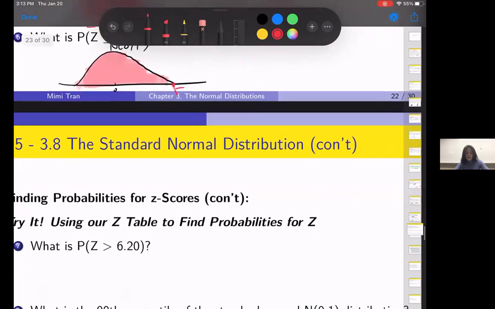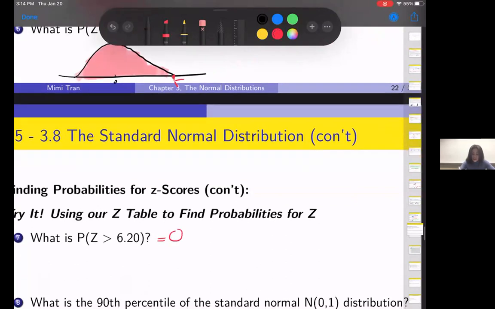What about the probability that Z is greater than 6.2? Good job. Steph, Roman, good. Randy, good. Very good. Yes, it's basically 0%, right? Why?